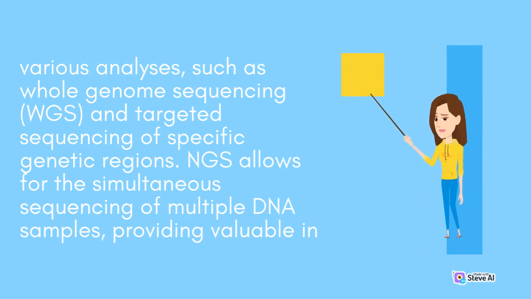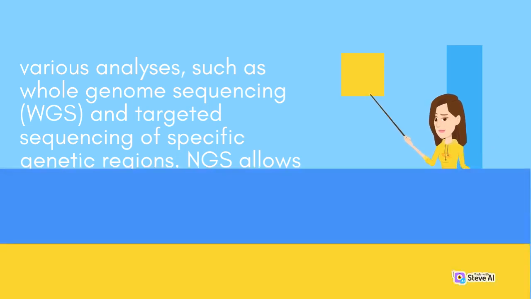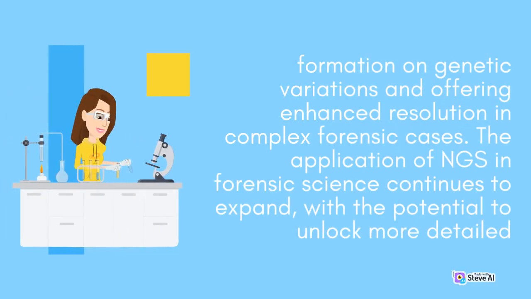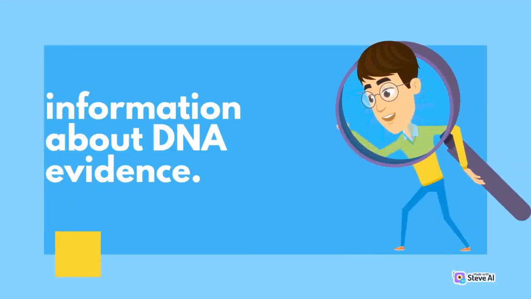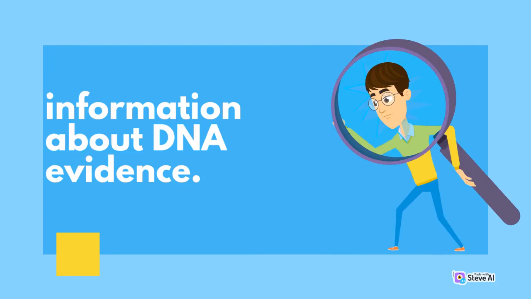NGS allows for the simultaneous sequencing of multiple DNA samples, providing valuable information on genetic variations and offering enhanced resolution in complex forensic cases. The application of NGS in forensic science continues to expand, with the potential to unlock more detailed information about DNA evidence.